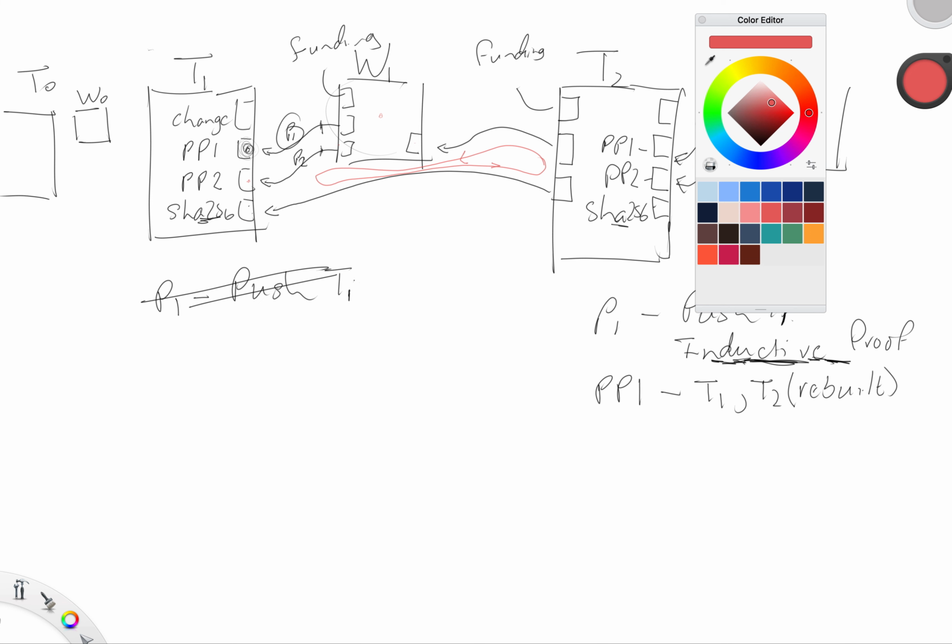And the way we do it is basically by enforcing a rule that by agreement says that the second output of T2 has to spend from the witness output, and that the witness's third input must spend from here. Now, how on earth are we going to find this out?